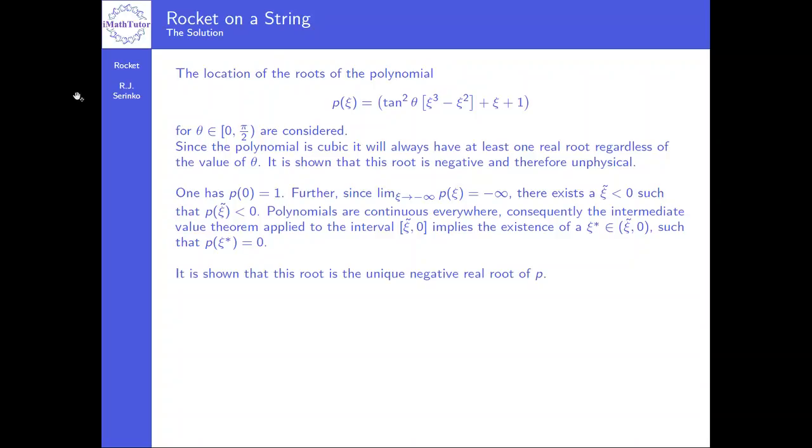So what we've shown now is that we have at least one negative real root. We now want to show you that it is the unique negative real root of p.